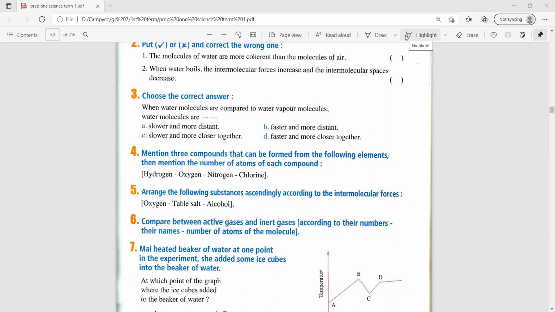Water, ammonia, and another third one. We have hydrogen and chlorine. Hydrogen chloride, right? HCl. Yes. Hydrogen chloride. Arrange the following substances ascendingly according to intermolecular forces.